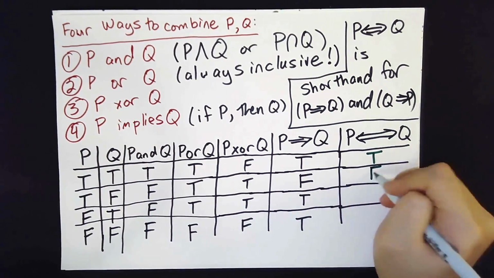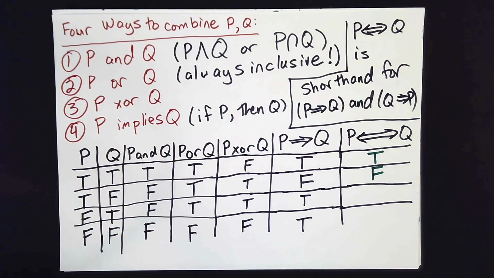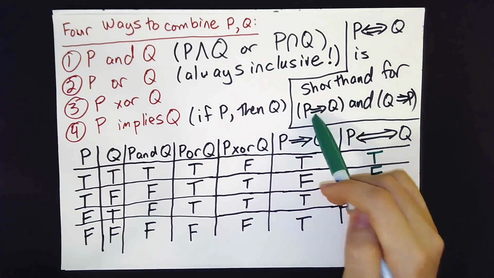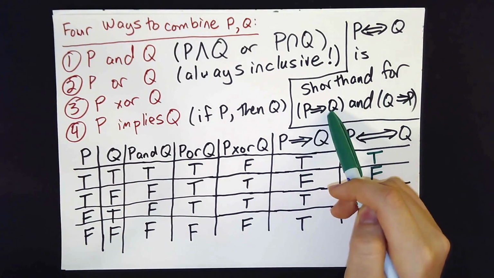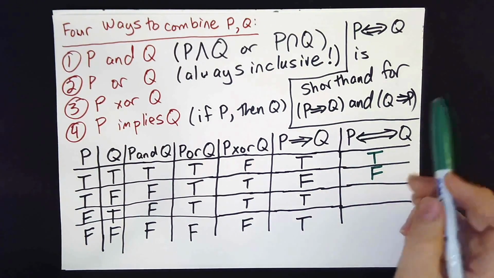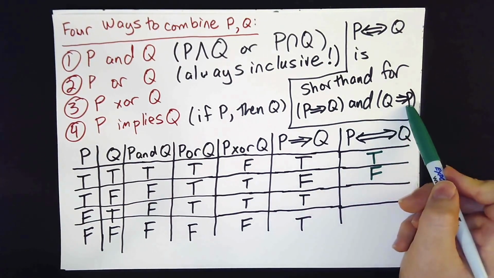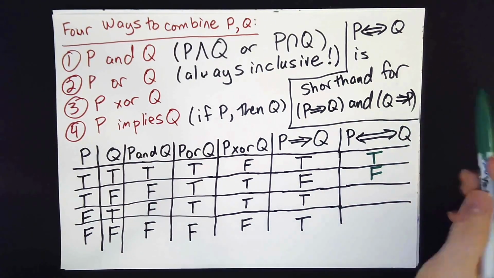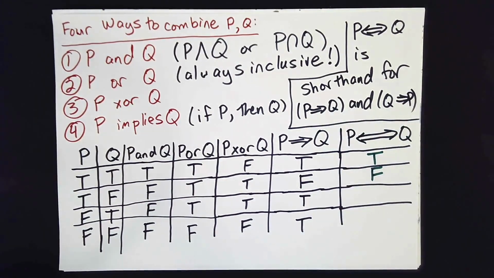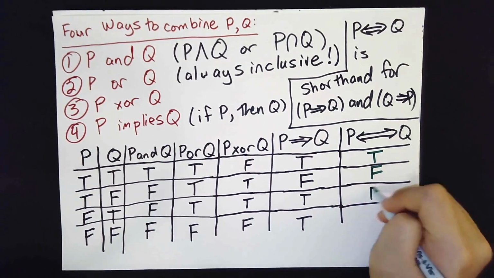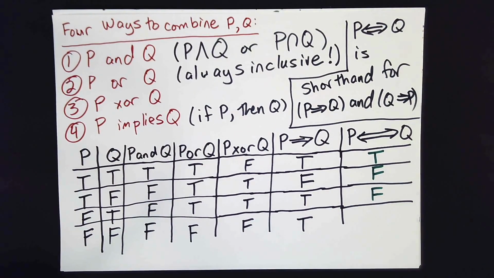So this is false. What if P is false and Q is true? Well, then P implies Q is true. But Q implies P is false. So this is true and false, and that will be false. What if both P and Q are false?